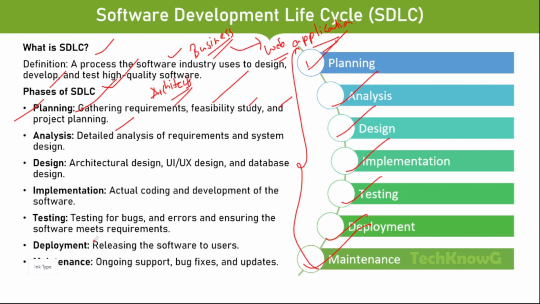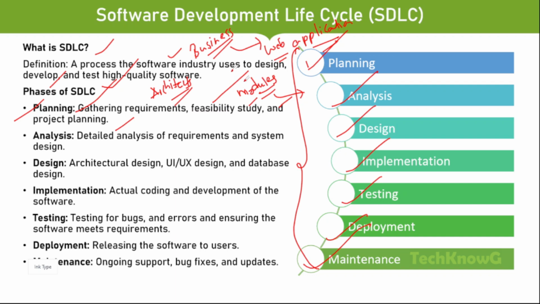Let's say they require order placement, searching, a login page, and a products page. There will also be some predefined modules. If you want to build any kind of application, like an e-commerce application, there will be some modules for that, and they might use them.